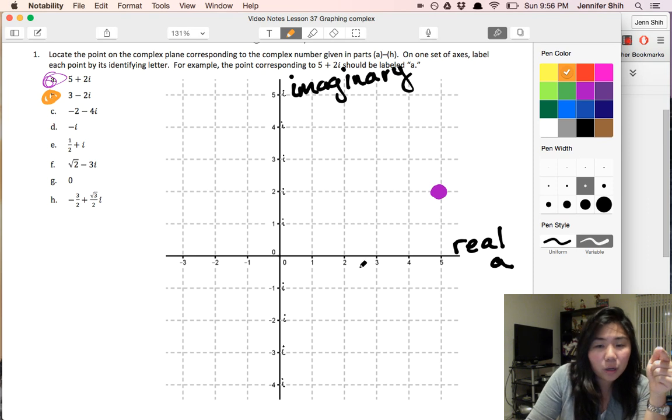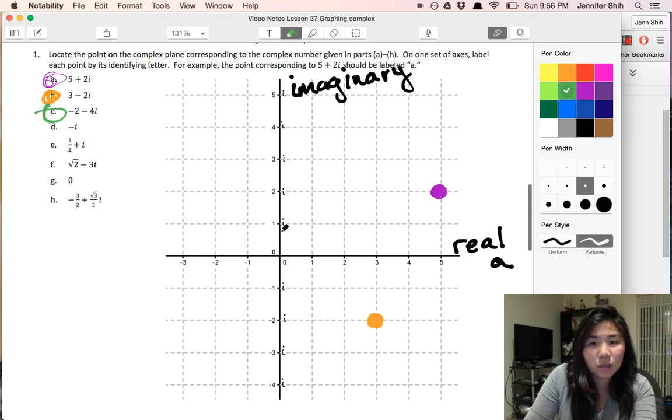So I'm going to go 3 along my real axis, and then negative 2i along my imaginary axis. And I'm just going to plot it. So let's do a different color. Negative 2, and then negative 4i. It's going to be down here. I'm sorry if you can't see this green color very well.